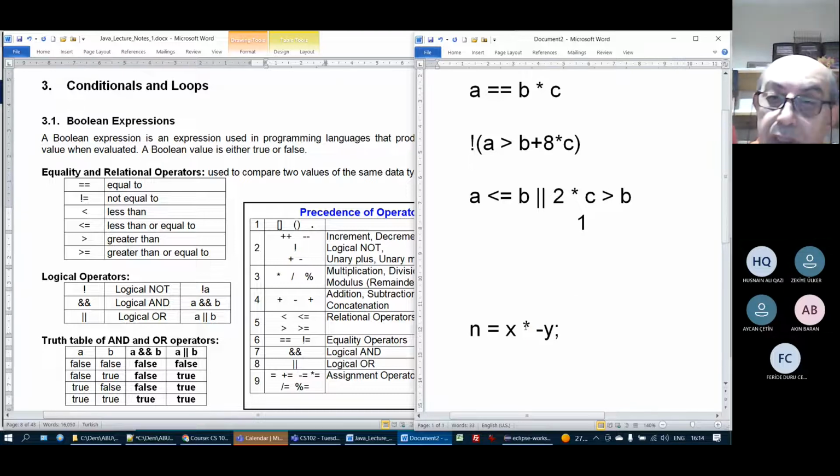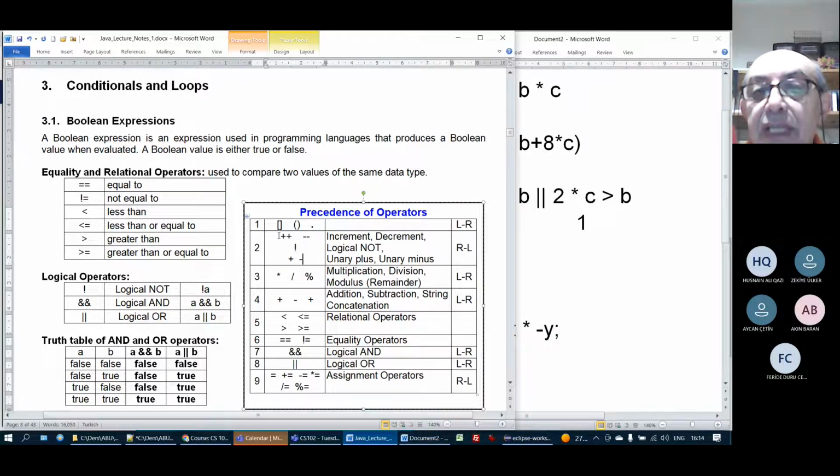Okay. Here, this is the multiplication operator. This is the unary minus operator, which takes the reverse of the value of y. If it is plus 5, it takes minus 5. If it is minus 7, it takes plus 7. Okay. So if we have in an expression unary plus and unary minus, its precedence is before multiplication.